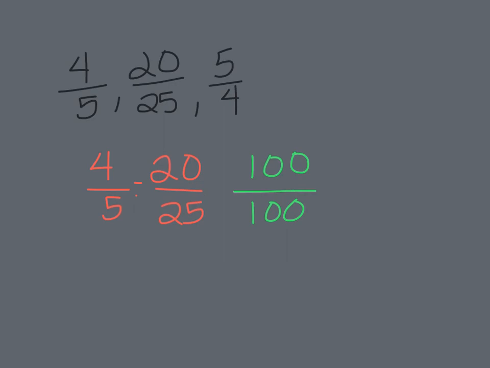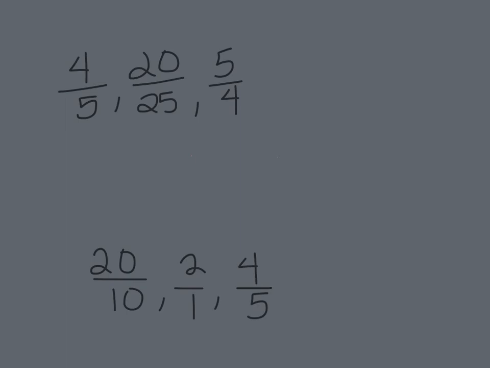So if we have the fractions 20 tenths, 2 over 1, and 4/5. Go ahead and try those and then come back and check against my work. Okay, I'm going to do my work right up here. So if I first do 20 over 10 and multiply and check that with 2 over 1.